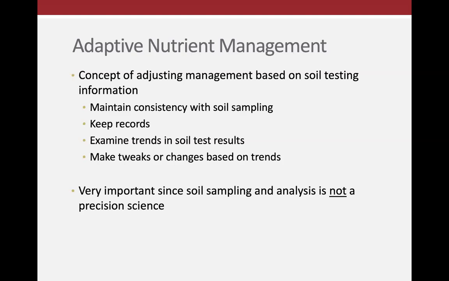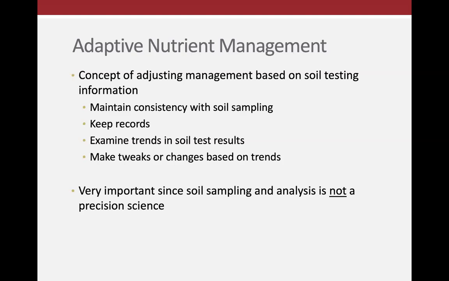But the problem is, if you do not maintain consistency over time, you really don't have the ability to truly assess what's happening in your system. And if you're farming and thinking about it from a business perspective, you don't have any way of understanding whether there are opportunities to control costs, maybe save a little bit on fertilizer, or maybe your soil test levels are trending down, so you need to think about investing a little bit more in fertilizer, for example.